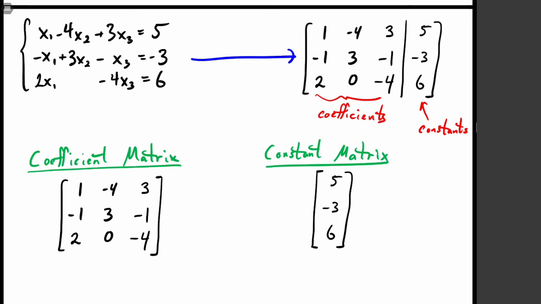But we can make these other smaller matrices as well. Just as a little comment here, this is what we would call a 3x3 matrix. This here would be an example of a 3x1 matrix. So maybe I'll write size. We refer to the size of a matrix as the number of rows by the number of columns.